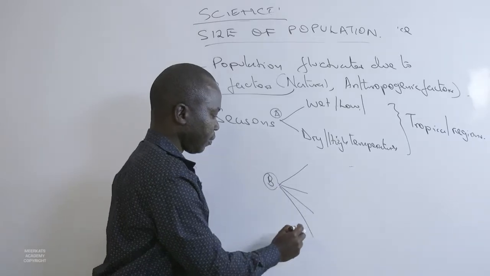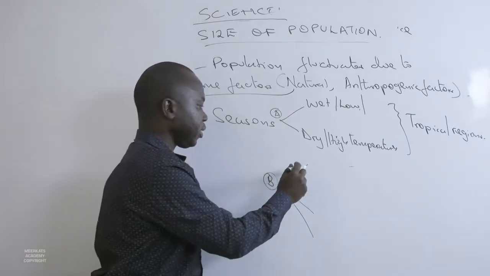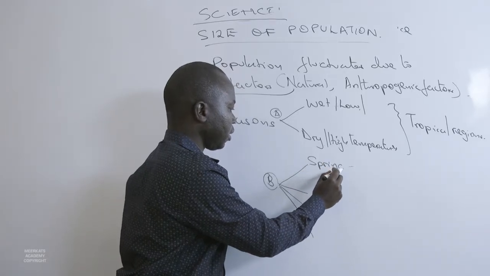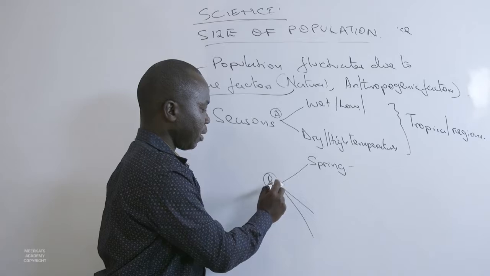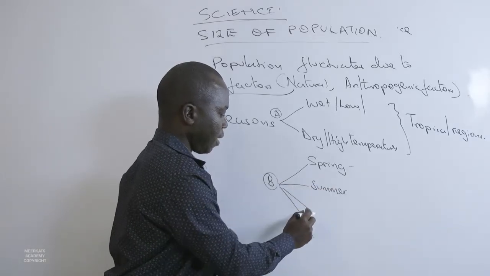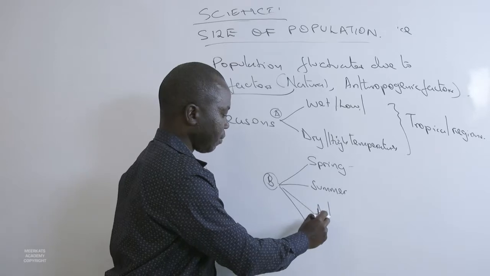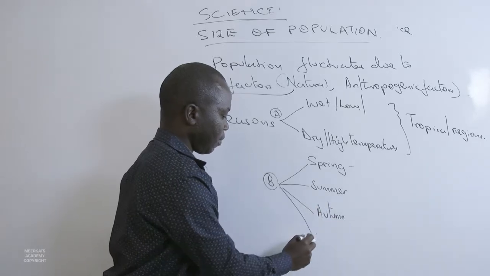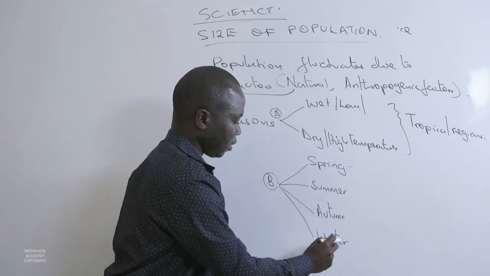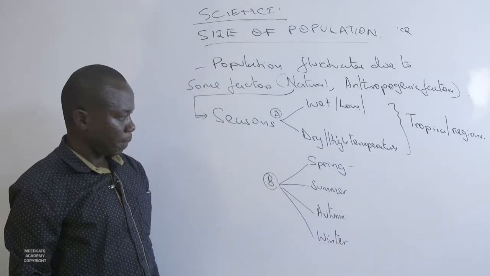seasons. We might have spring, summer, in that order, then autumn, and then winter.